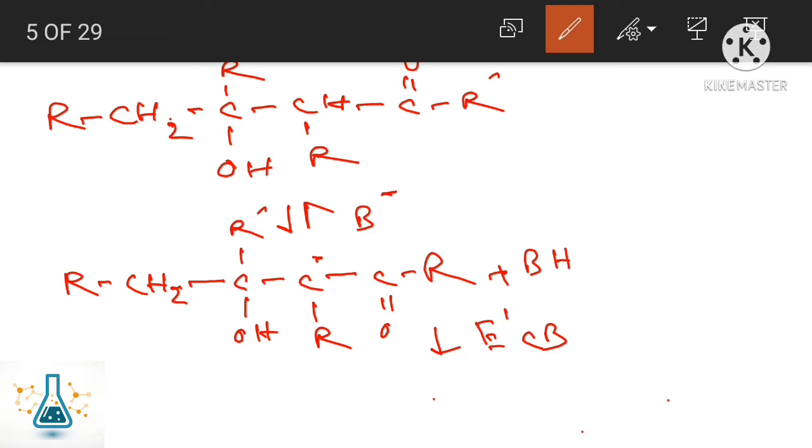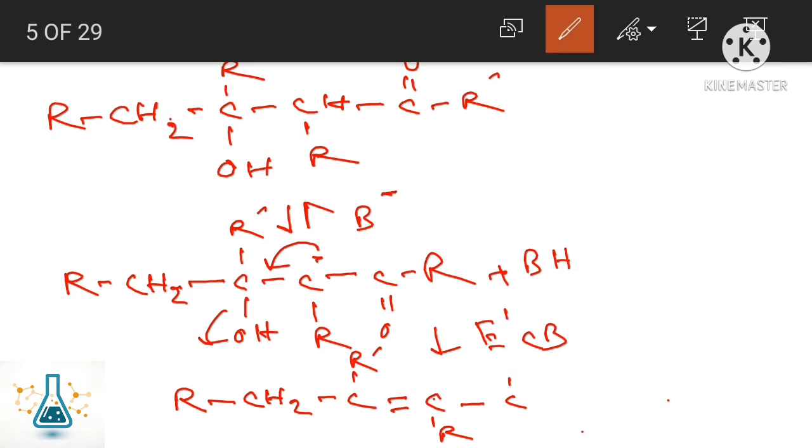So what happens, this minus will go there and this OH will be eliminated, and the final product will be RCH2C(R prime) double bond CR-COR. This is the alpha beta unsaturated carbonyl compound.